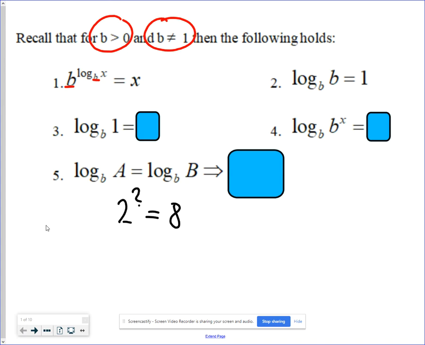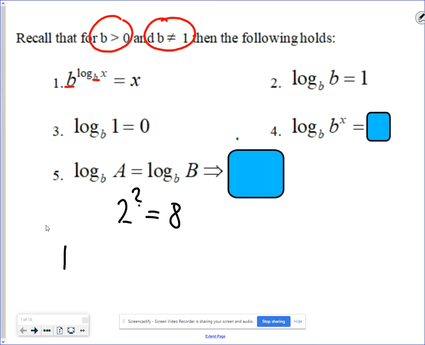So this next one, number 3, we got log base b of 1. What would that equal? Well, we're going to ask ourselves, b to what power is 1? Well, remember, we have a rule. Anything raised to the 0 power is 1. So log base b of 1 will always be 0.